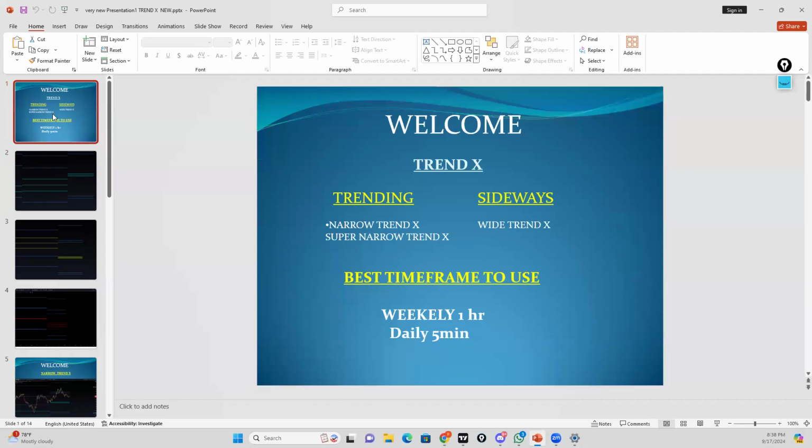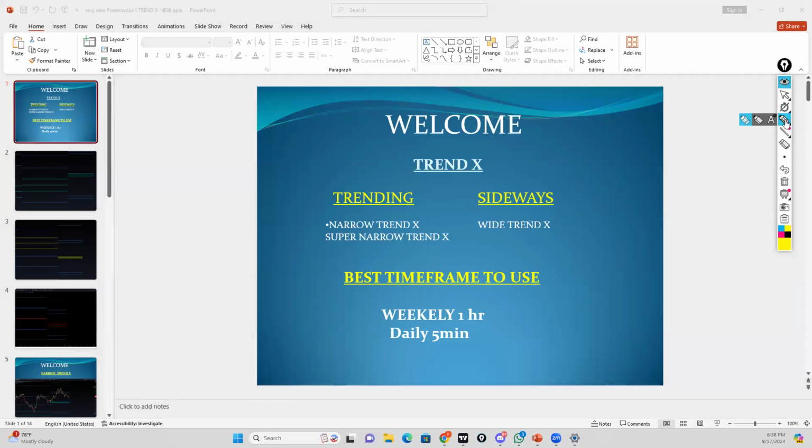So now, when we plan for any trade, first we should identify the Trend X. We have two different Trend X types when it will be a trending market. You can look at this. This is trending.